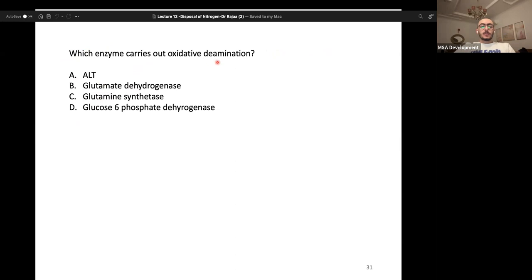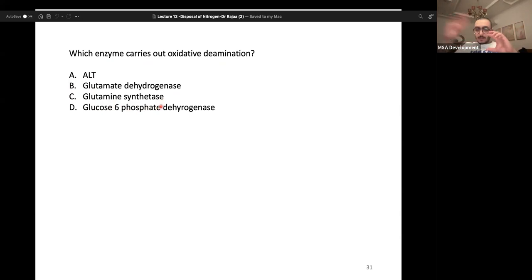Which enzyme carries out oxidative deamination? It's glutamate dehydrogenase. Let me go over the choices so you won't confuse them. ALT, or alanine transaminase, is the enzyme that catalyzes the transamination reactions. Glutamine synthetase is the enzyme that gives ammonia to glutamate to synthesize the glutamine, hence called glutamine synthetase.